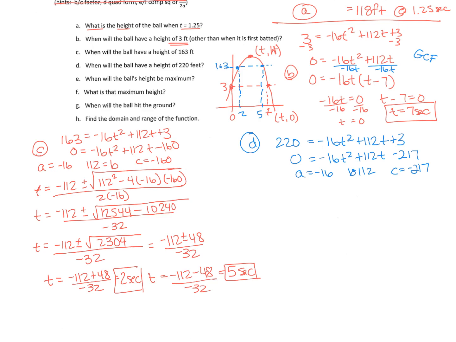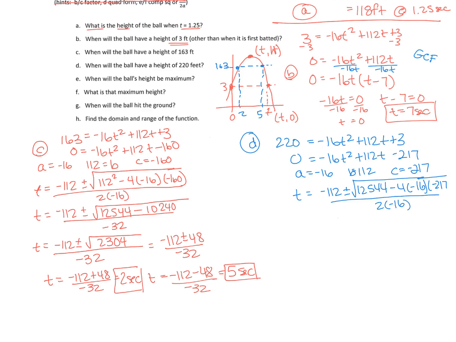And I go to set up my quadratic formula, and my t is equal to my negative b plus or minus the square root of my b squared, which I happen to know is 12,544 from my last problem, minus 4 times a times c, all over 2 times a.